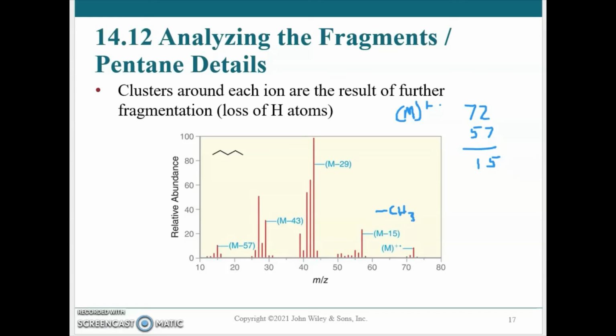And then if we recognize that, we can start looking for 14 mass unit losses beneath this. 57 minus 14 would be 43. So that would be here.